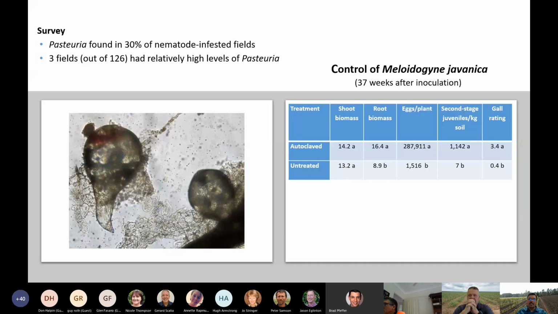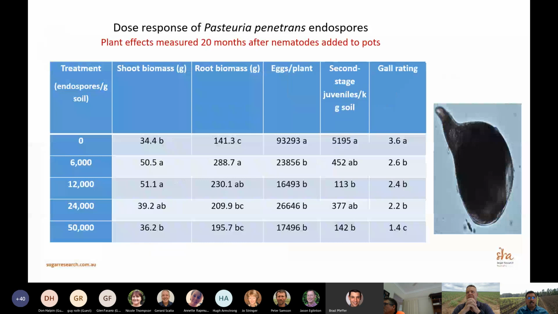You can see that after 33 weeks of inoculation, the autoclaved soil, which means the soil where we had killed all the Pasteurella, had about 200 times more root knot nematode compared to the untreated one. That means that the Pasteurella present in the natural soil has the ability to control the nematode in Australia.